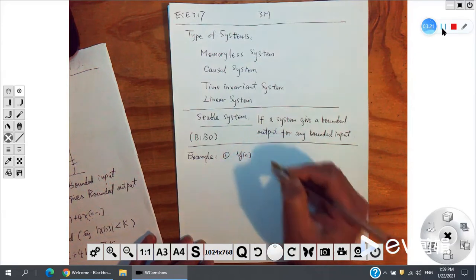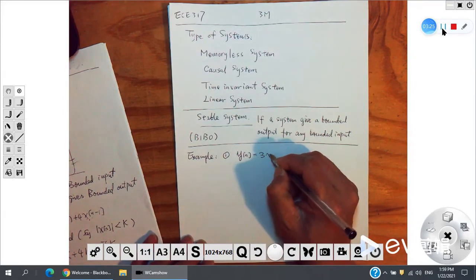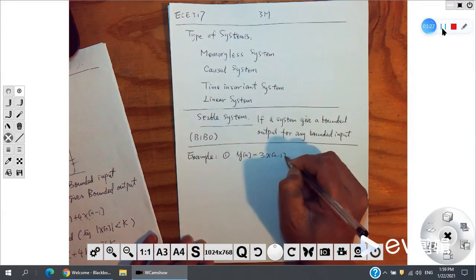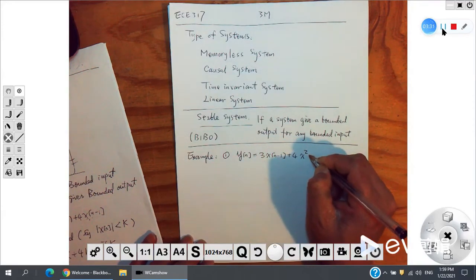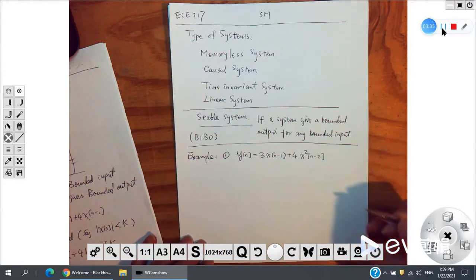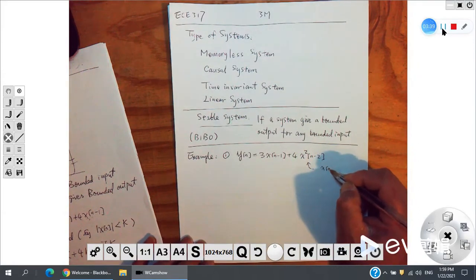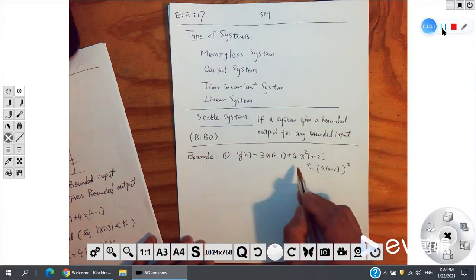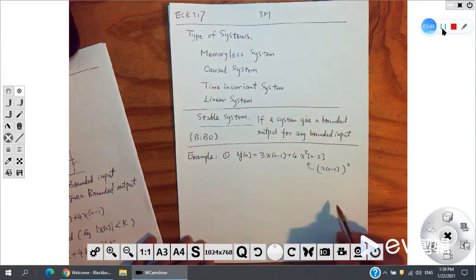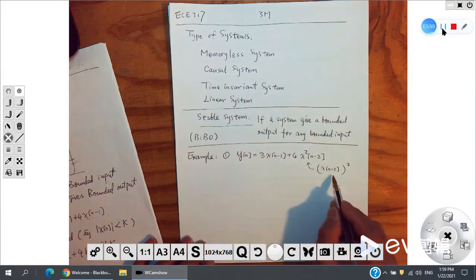Suppose the output y of n equals 3 times x of n minus 1 plus 4 times x squared of n minus 2. Yes, this means x of n minus 2 taken to the square. We can also write it in this way. So we check whether this is stable.